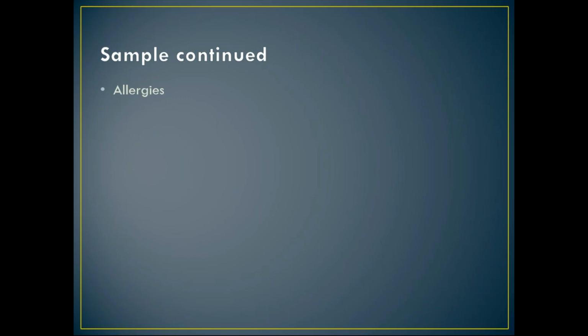Now our A is going to stand for allergies. So does that patient have any allergies? Again, whether it's medication related, environmental related, food related. Next, medications. So medications that they're currently taking, and depending on our patients, this can be an extremely long list. So we don't have to get every single medication that they're on.